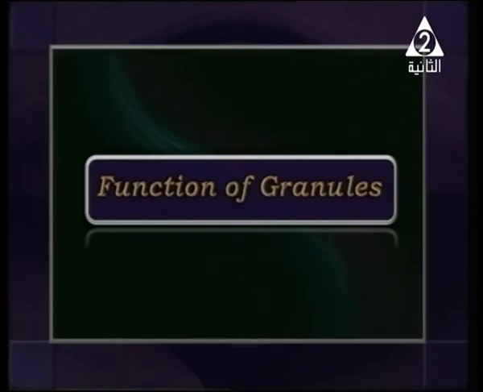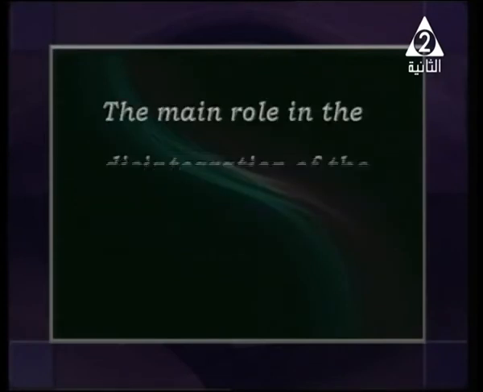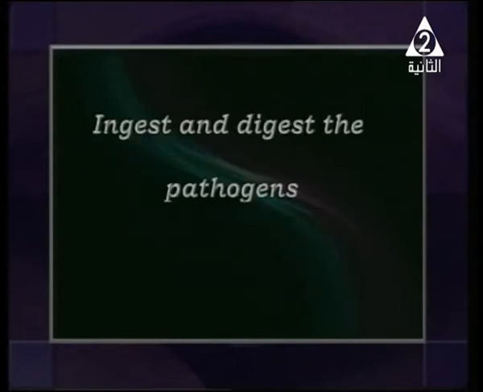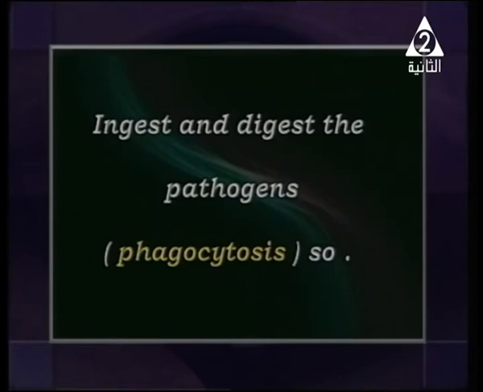What about the functions of these granules inside the white blood cells? Well, they have the main role in the disintegration or destroying of the pathogens of the cells that attack the body, and they also ingest and digest the pathogen. They are a kind of phagocytosis.